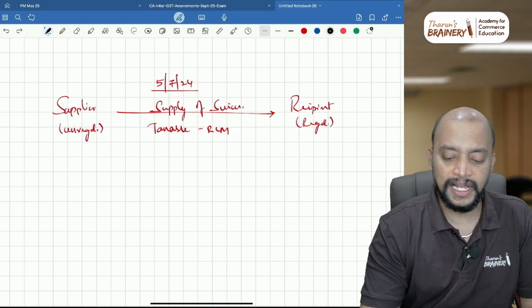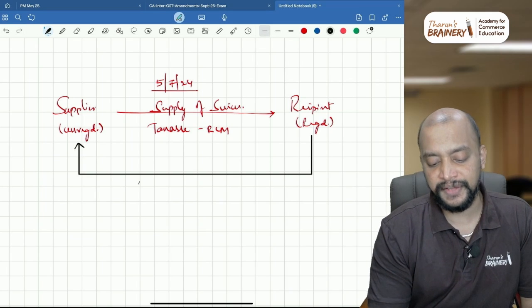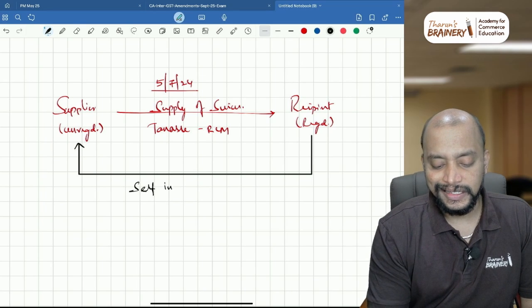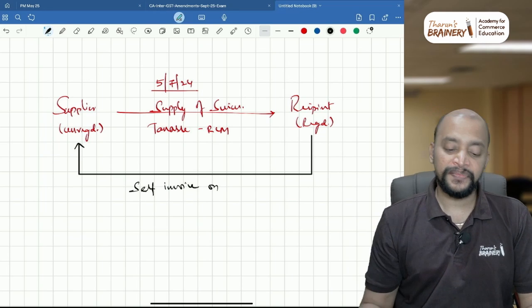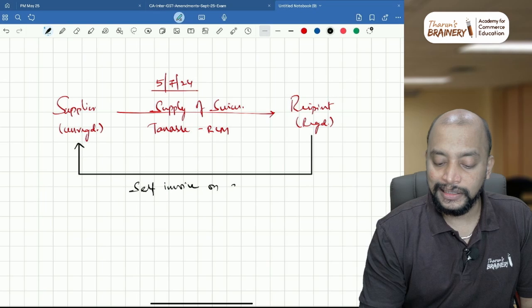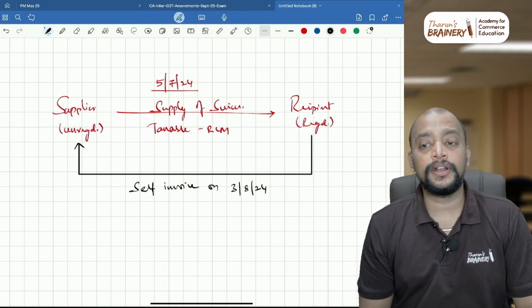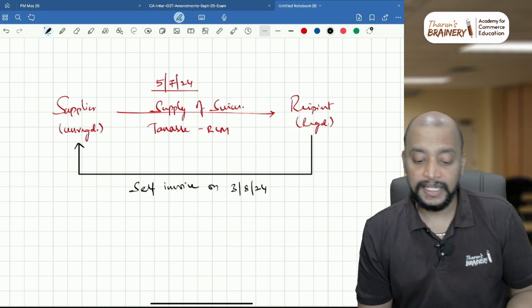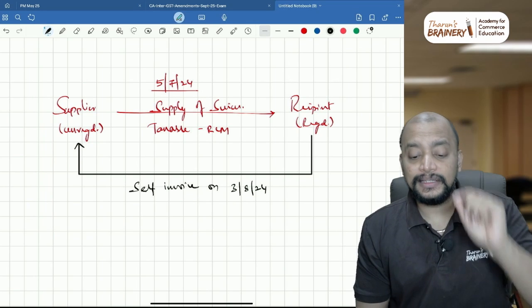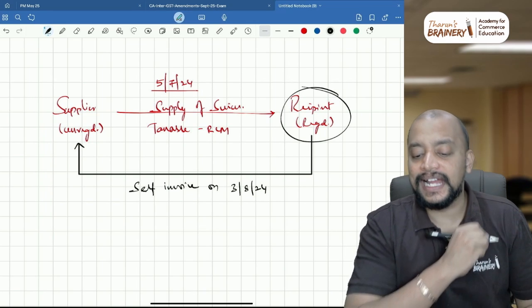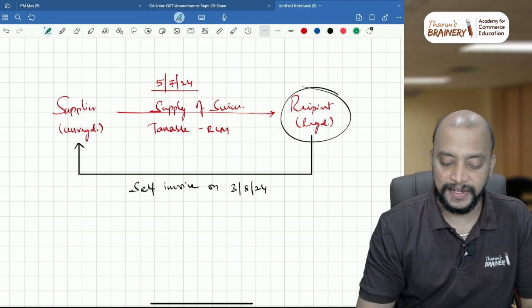Say the self invoice is issued on 3rd August 2024. Within 30 days only they have given. Now for which month can the recipient avail ITC?